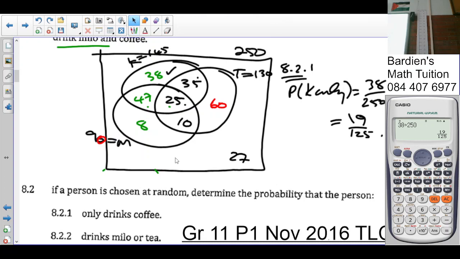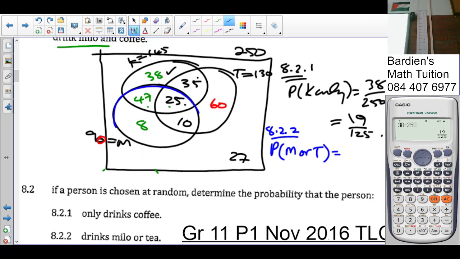Last question says, drinks Milo or tea. Probability is 8.2.2. Milo or tea. Or union tea. So Milo or tea is the whole of the Milo, which is 90, plus 35 plus 60.